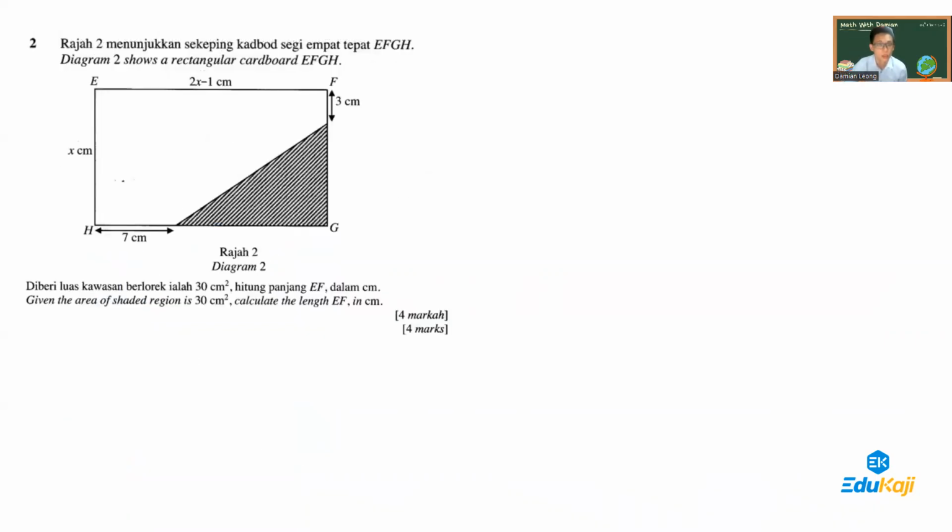Question 2, I have a rectangular cardboard EFGH. I'm given the area of the shaded region is 30. I want to find the length of EF. To find the length of EF, first we have to find x. So how do we find x? Basically, we look at the shaded region.